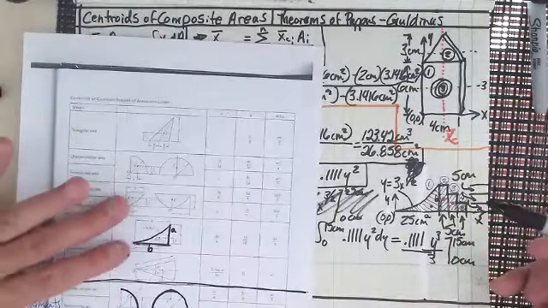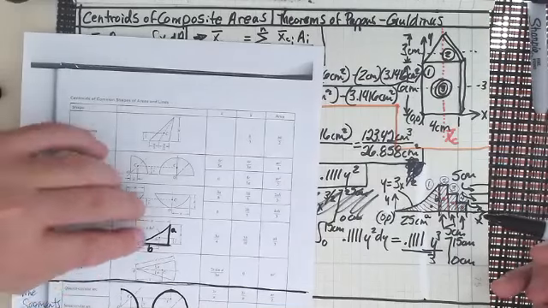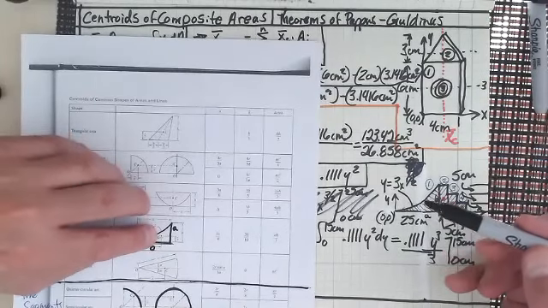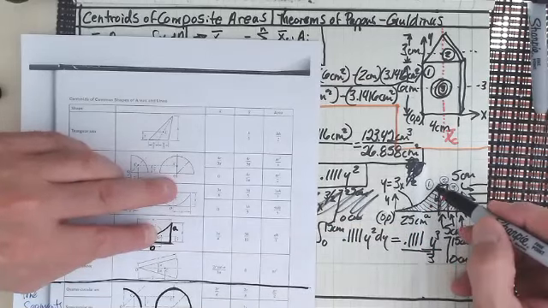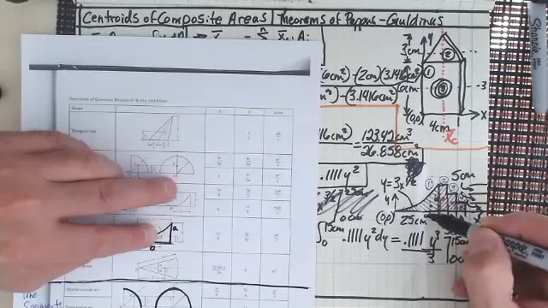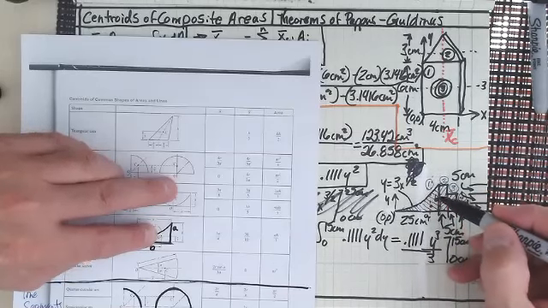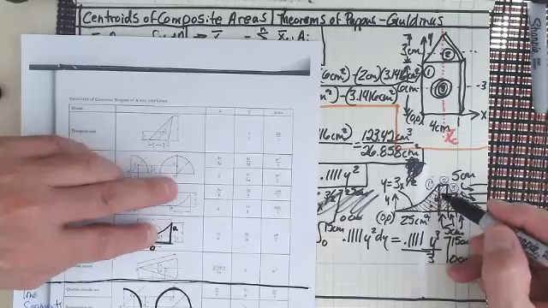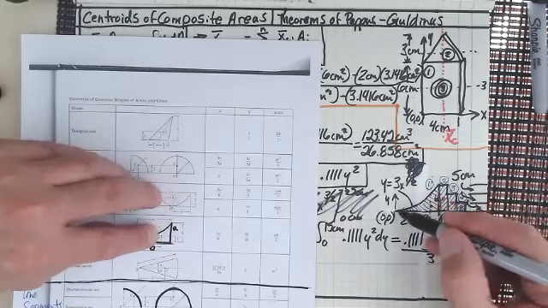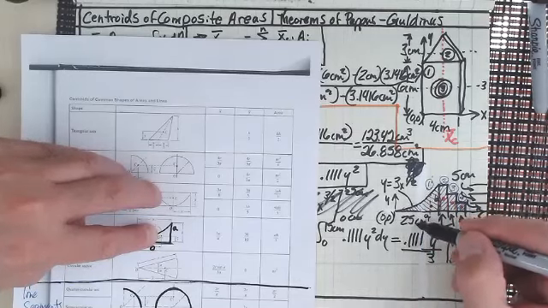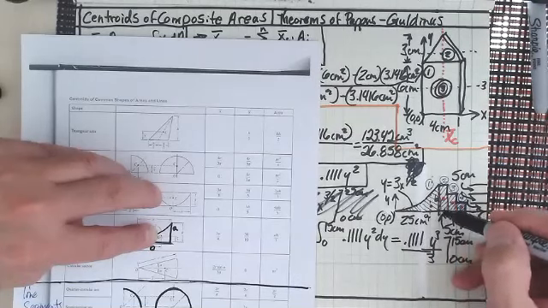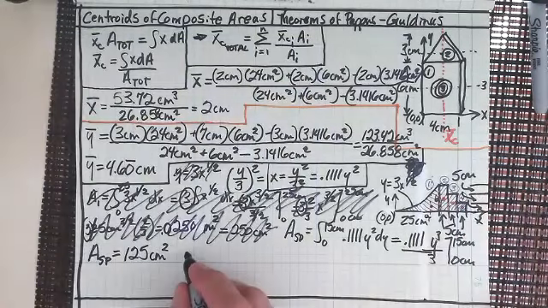Anyway, if we look then and see what this distance is, that's going to be 3h over 10. So in here, that's 3h over 10, this being h right here, right? So 3 times 25 centimeters divided by 10.